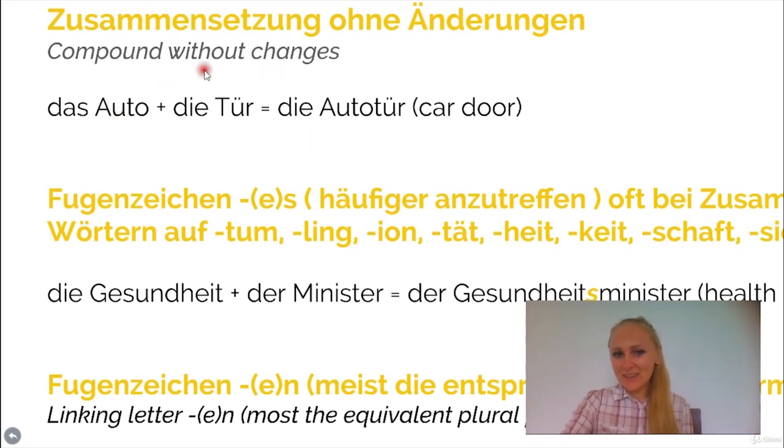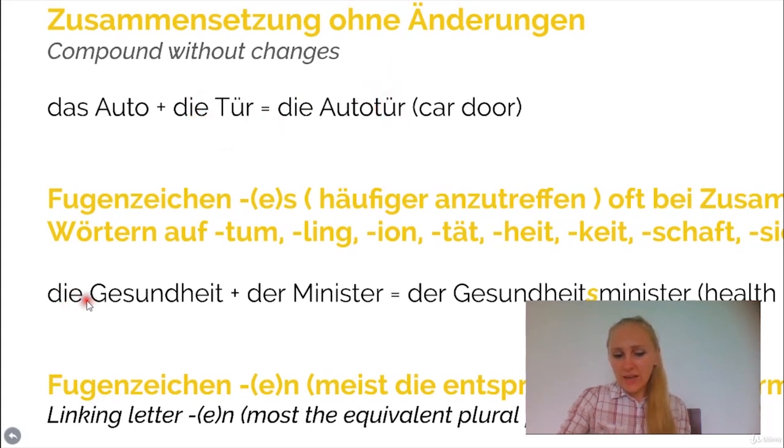And then here it is about the door, it's a car door. Right? So you have to take the same article as the actual word here, which is the last word. It's always the last word, the word that it is about. We also call it Grundwort, or the root word of the new created word. So here the new created word has the same article as the root word. The root word here is Tür, the door.